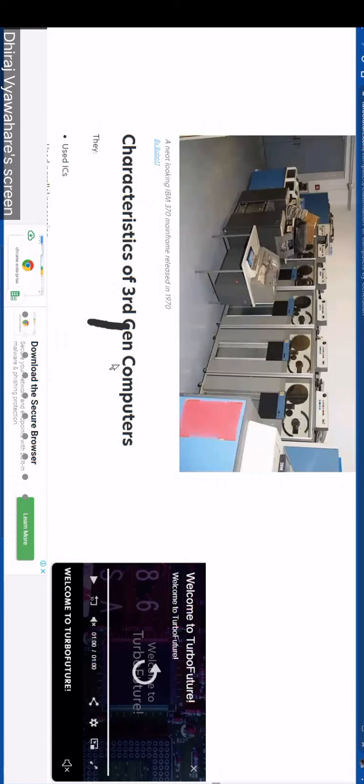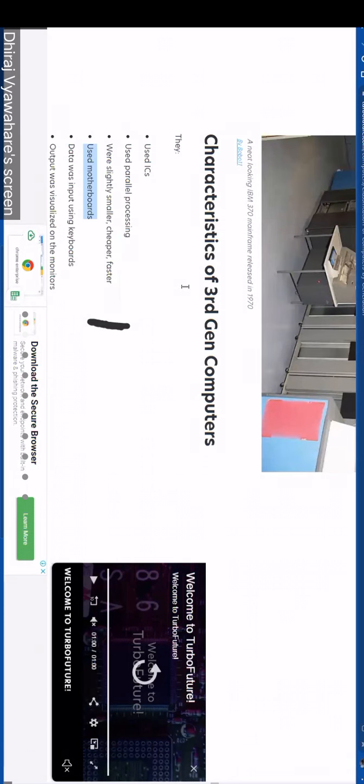Now the use of motherboard came into existence. In order to enter the data, keyboard came into existence. Output can be visualized now on monitors. Use operating system, thus permitting multitasking. Simplified programming language, that is BASIC.